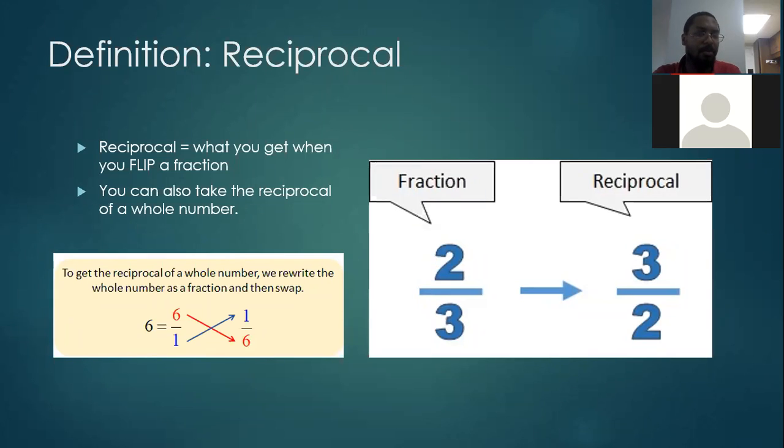So 2/3 becomes 3/2. I also have listed on this slide what happens when you flip a whole number, like 6, but we'll get to that later. But the simplest kind of reciprocal: if I have 2/3, it gets flipped to 3/2.